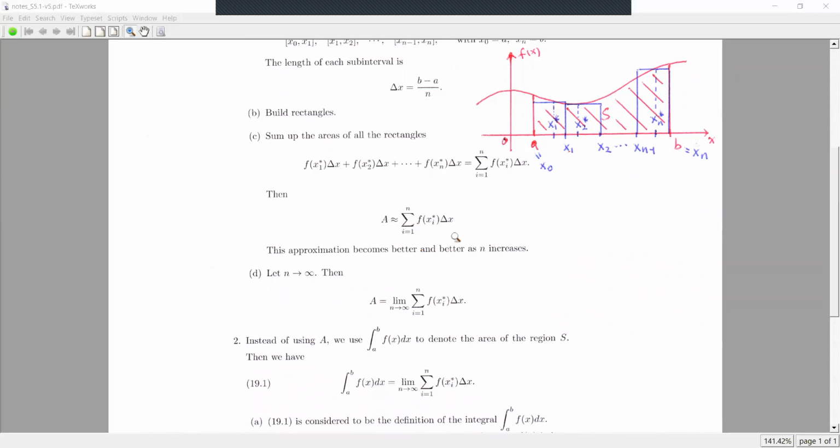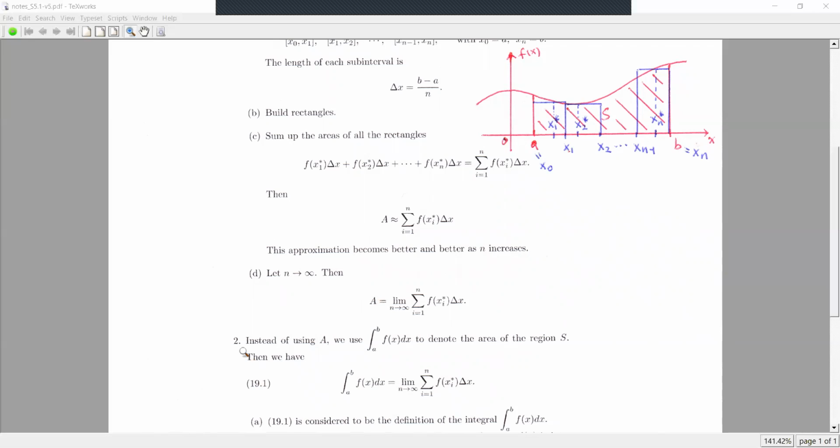The number is A, exactly A, the area of the region S. So take the limit, then the area of the region is equal to the limit as n approaches infinity. This is a review of the 4 steps to compute the area of a general region.